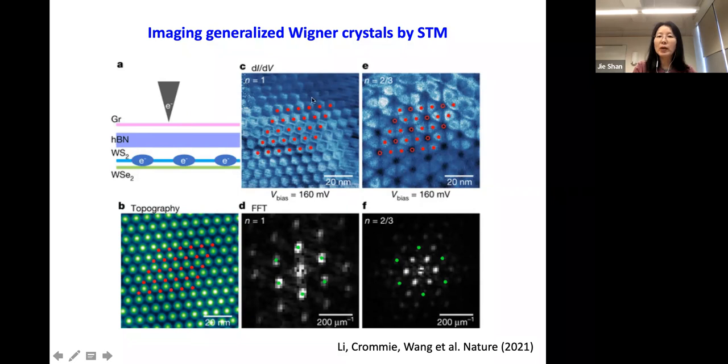For example, this is the pattern they collected at 1 particle per moire unit cell, and those red dots just help you see where the charges are.